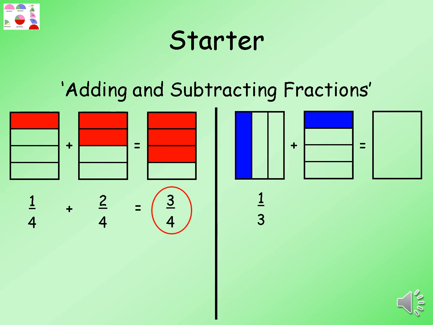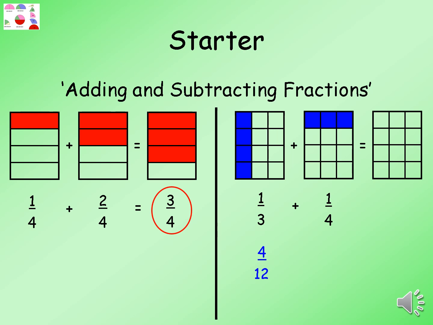And on the other side we've got a third and we have a quarter, which is a little bit more challenging, but we need to look at the common denominator of 3 and 4, which is of course 12. So we turn both those into 12, and sorry, the sum is down here. So the question to ask is, what did we do to change the 3 into 12? The answer of course is we multiplied by 4.